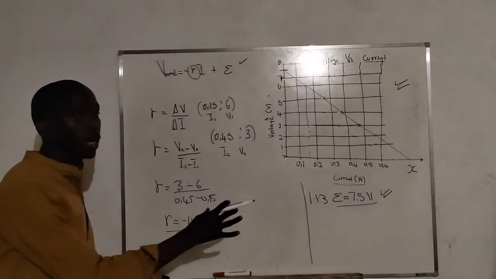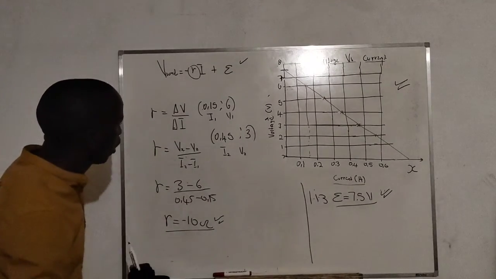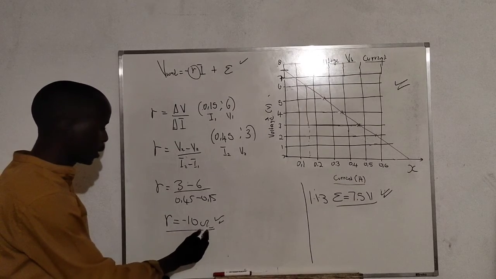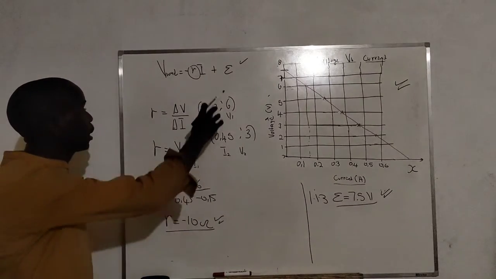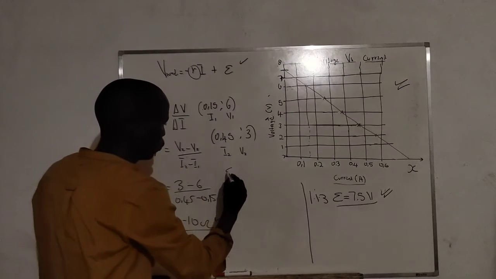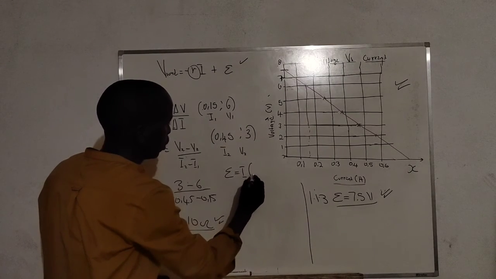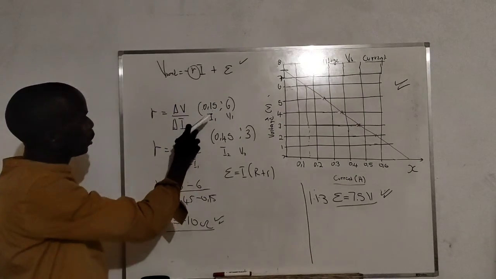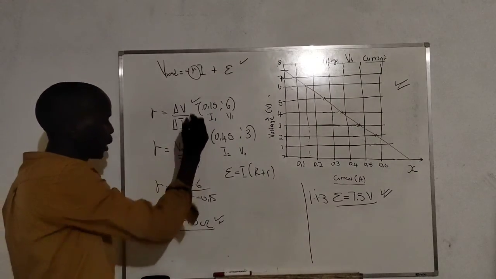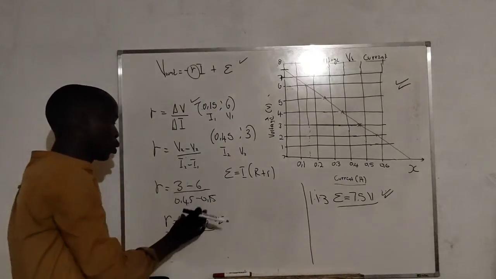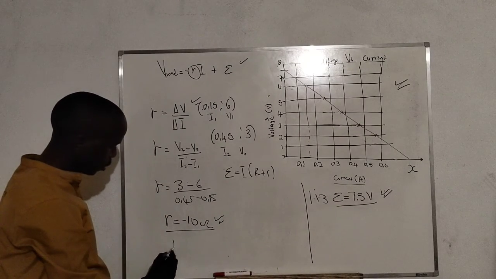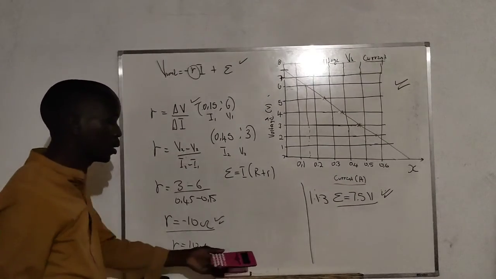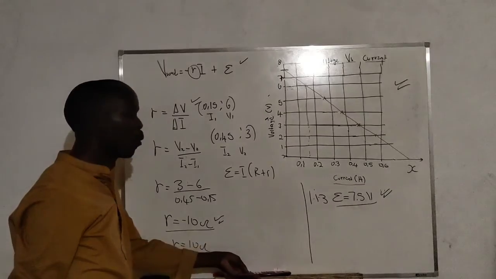Our calculations are accurate. We are not allowed to use the other equations according to the question, so we have to strictly use the gradient method. So the internal resistance is 10 ohms, as internal resistance cannot be negative.